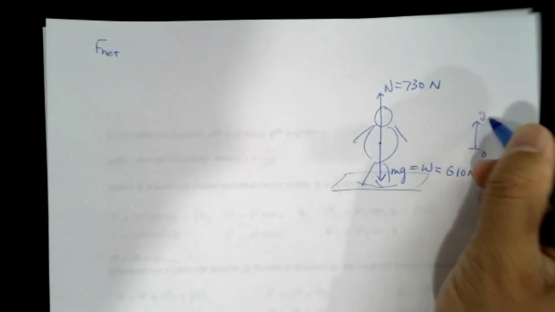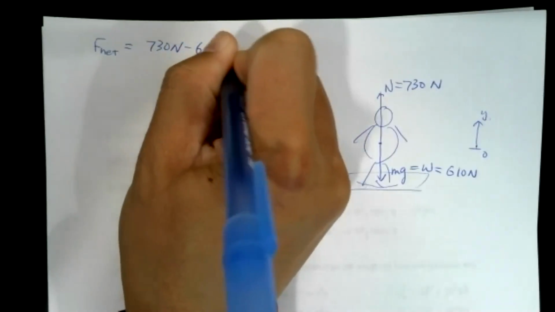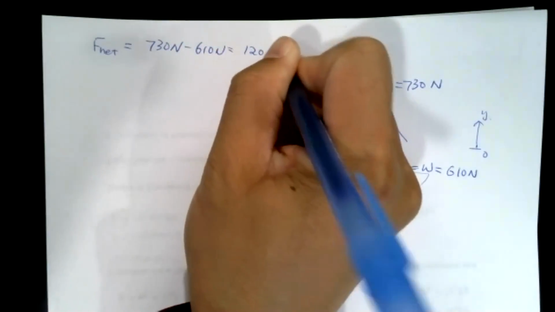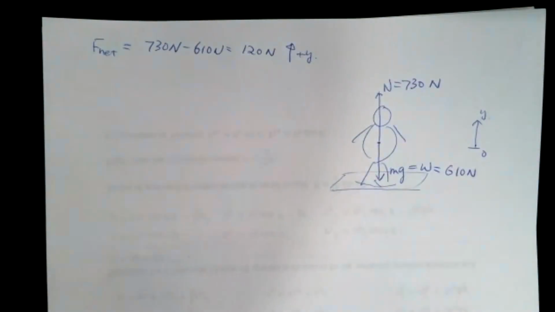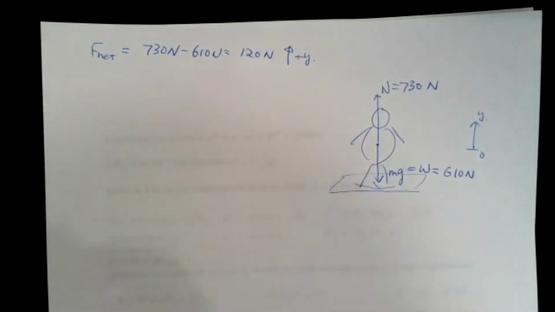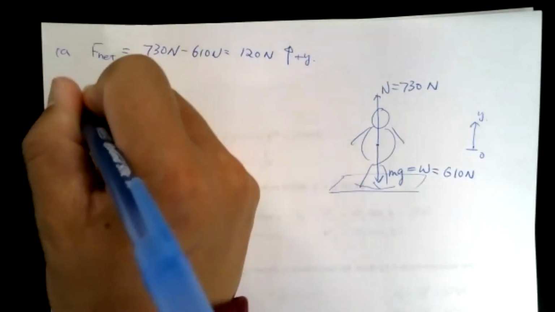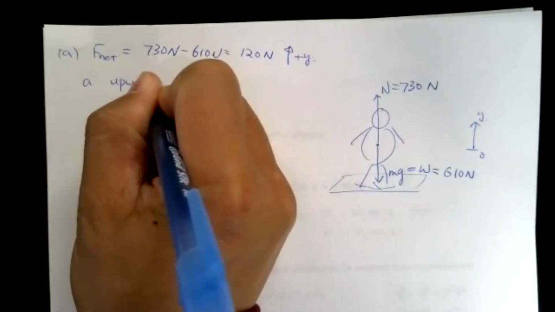You just need to focus on the y direction here. That should be 730 newtons minus 610 newtons, it's 120 newtons, in the positive y direction, okay? Net force is in the positive y direction, that means your acceleration should also be in the positive y direction, right? So in part A, the acceleration should be upward.